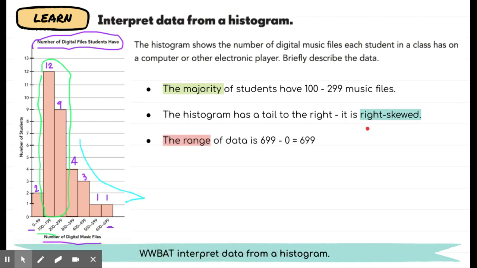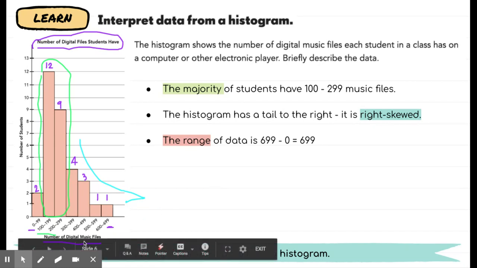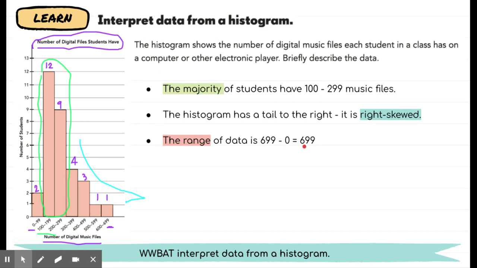The third thing I can describe is the range. The range comes from the biggest value in the data subtracted by the least value. The biggest value of this data set is 699 and the least is 0. So the range is 699 minus 0 equals 699.